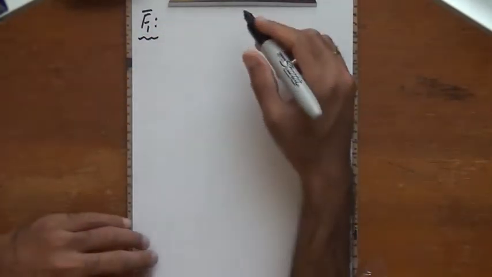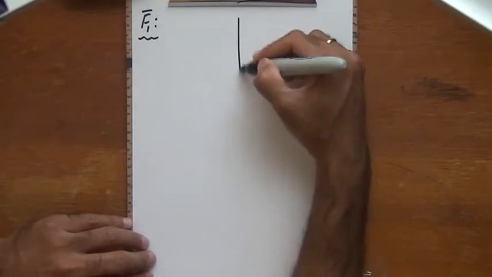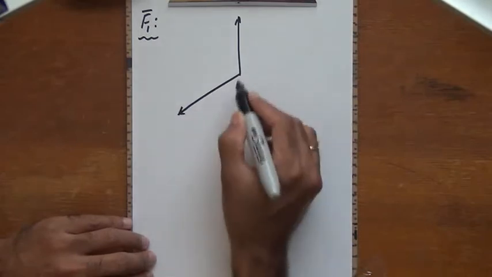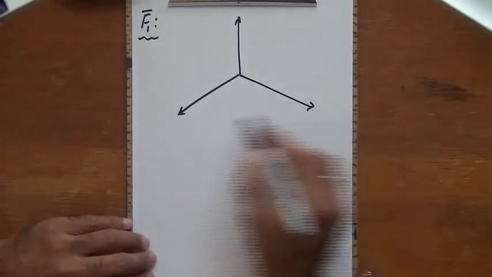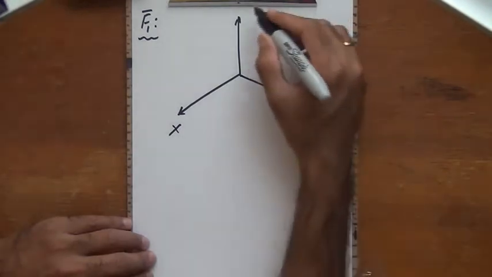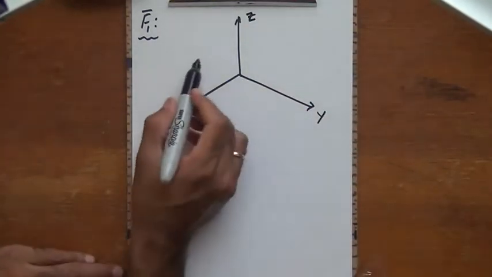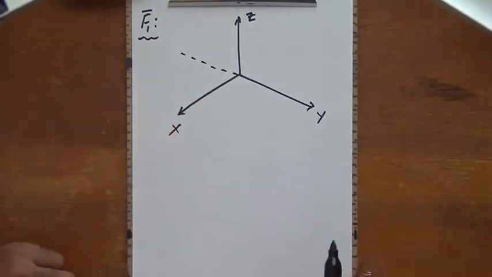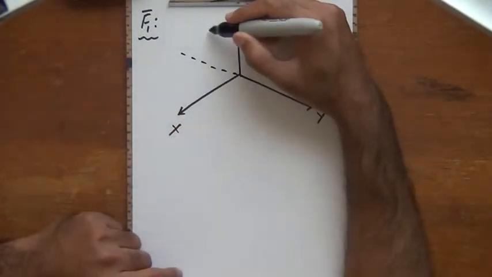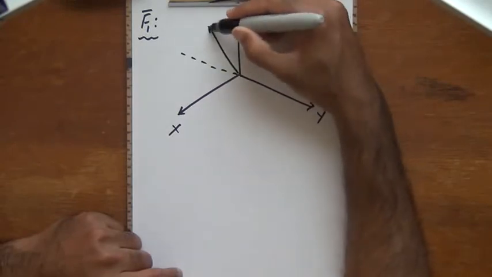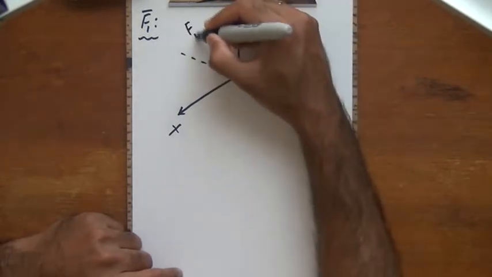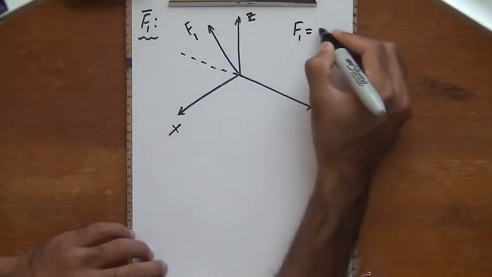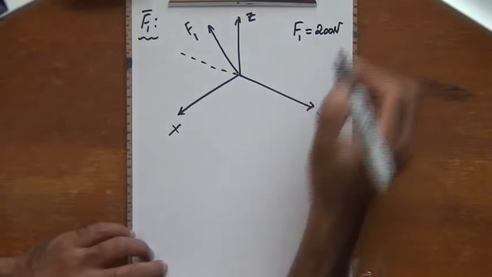Now I'm going to redraw the x, y, z directions according to the right hand rule, x, y, and then the z axis. So this is positive x, positive y, and positive z, and then I'm going to extend the negative y direction. Then I have the force vector here, which is the force vector F1, whose magnitude is known to us as 200 newtons.